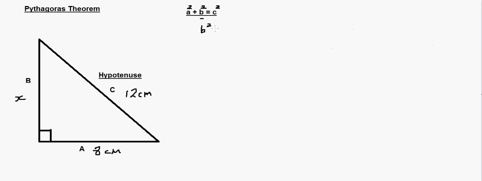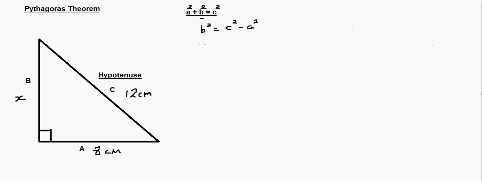B squared equals, and the A squared is going to move over. So obviously remember the signs change. So B squared equals C squared minus A squared. Okay? So now we've done that, we can put our values in.